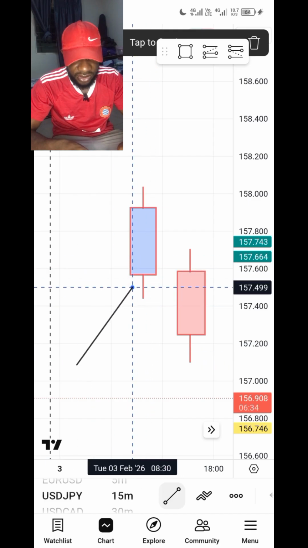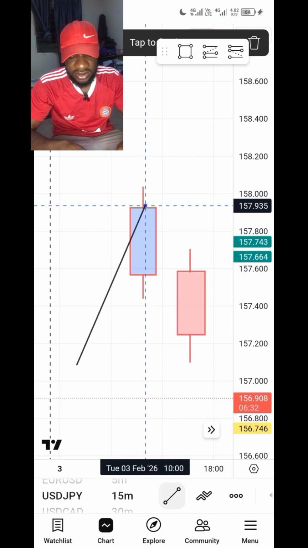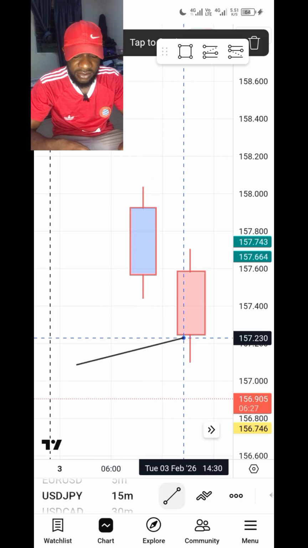So if price opens here, goes up and closes like this, it is a bullish candle. And once price opens here and closes like this, it is a bearish candle.